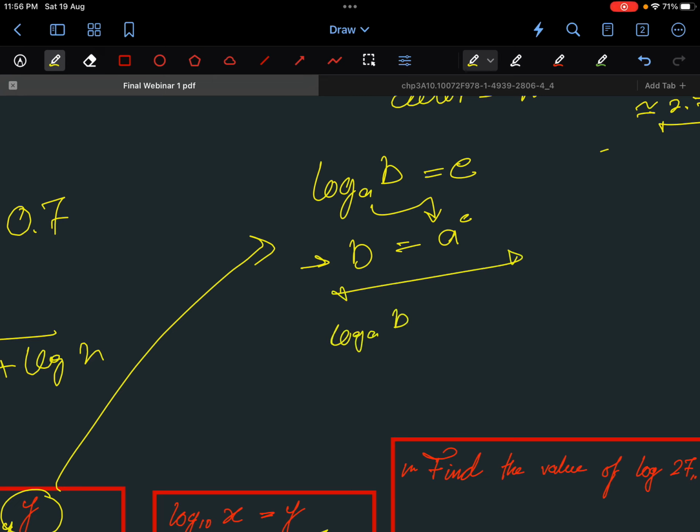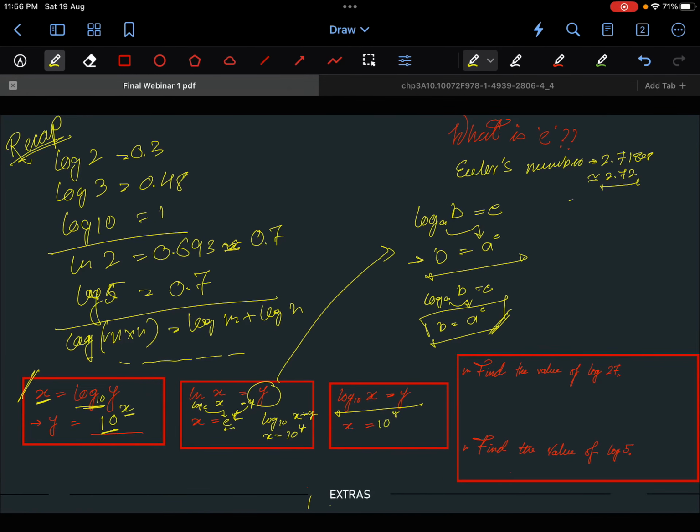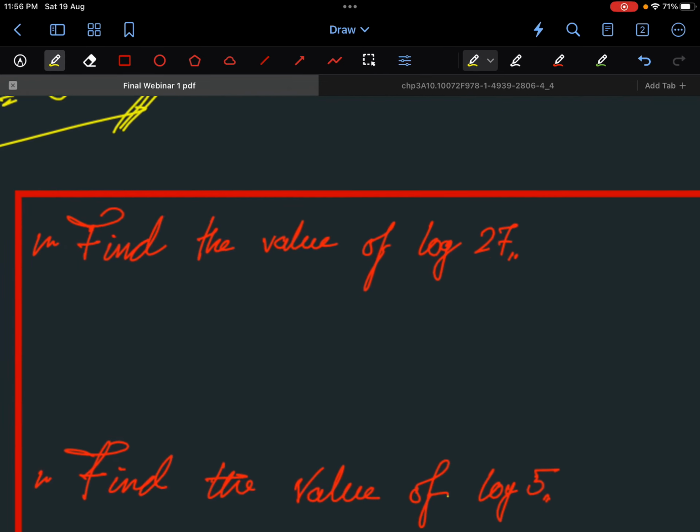So b equals a to the power c. This is the concept of anti-log. Now you can solve anti-logs on your own also. What is the anti-log of, say, 2? That is 10 to the power 2, which is 100.